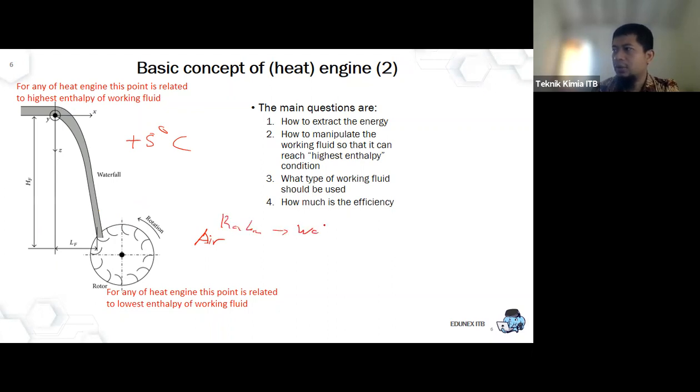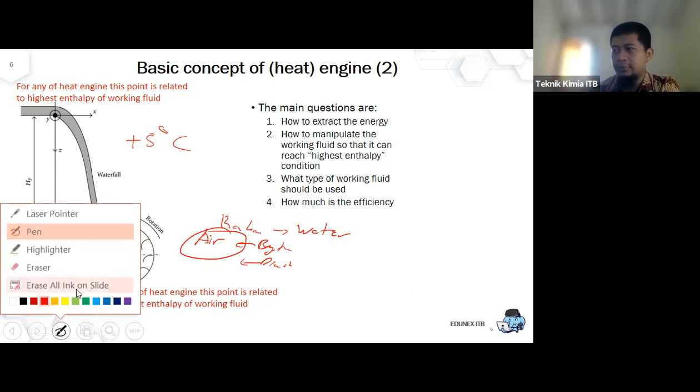But for the Brayton cycle, diesel cycle, the working fluid is air. Why? Because it's abundant, okay?